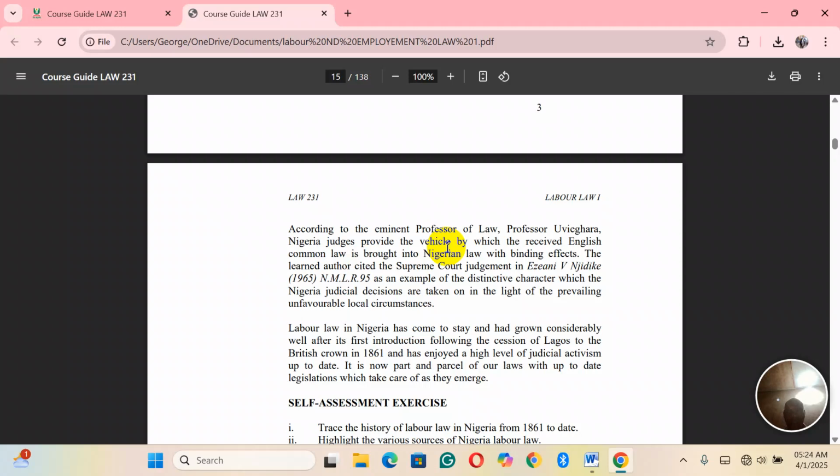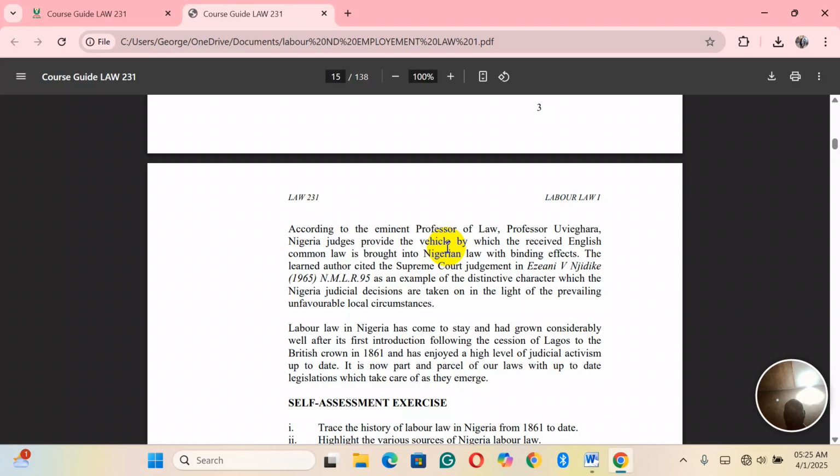So the learned author cited the Supreme Court judgment in Ezeani versus JDK 1965 and the National NMLR 95 as an example of the distinctive character which Nigerian judicial decisions are taking on in the light of the prevailing local circumstances.